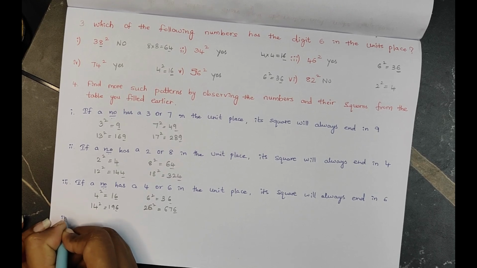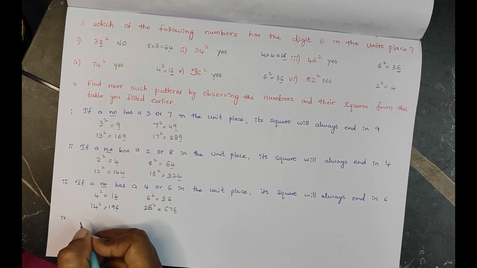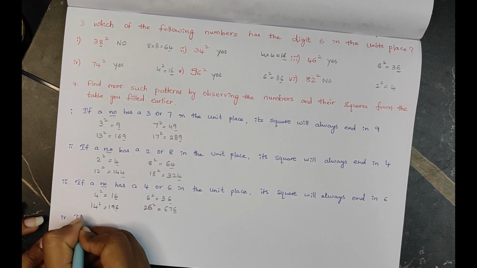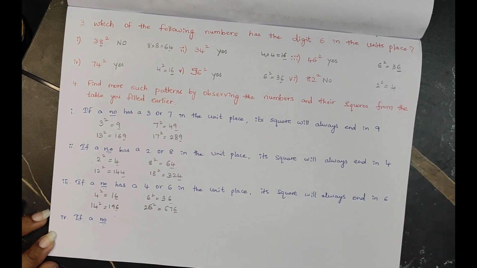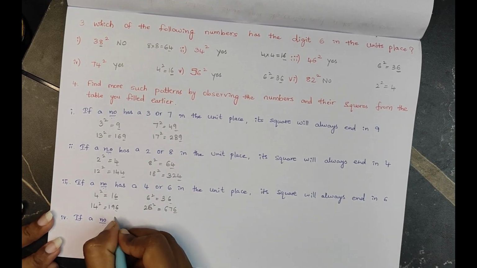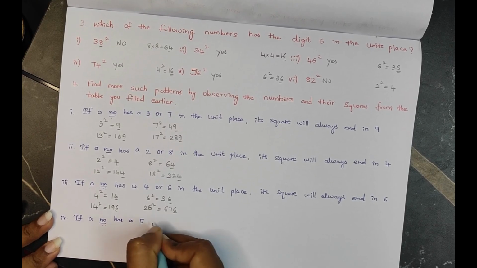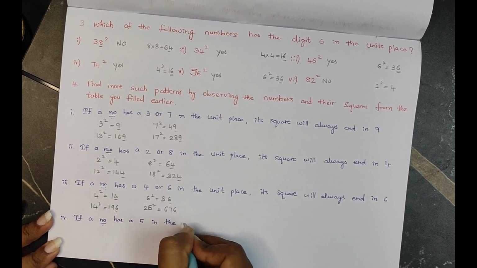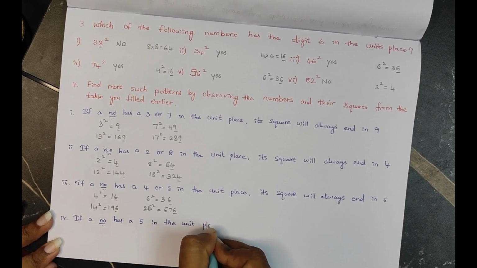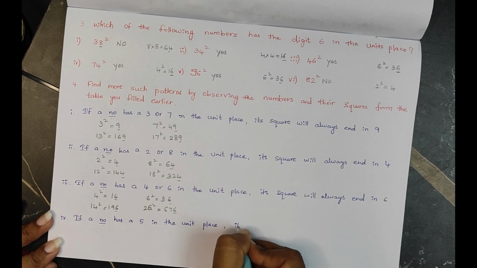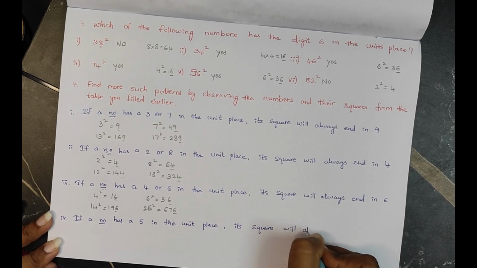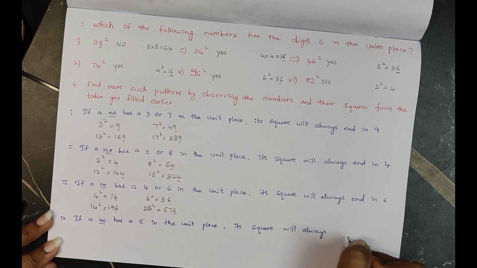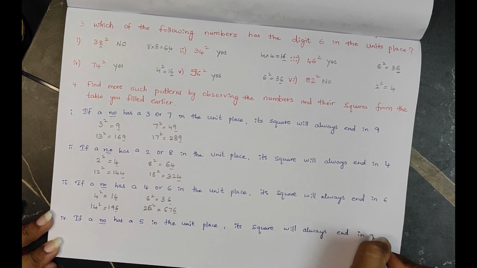So another pattern: if a number has a 5 in the unit place, its square will always end in 5.